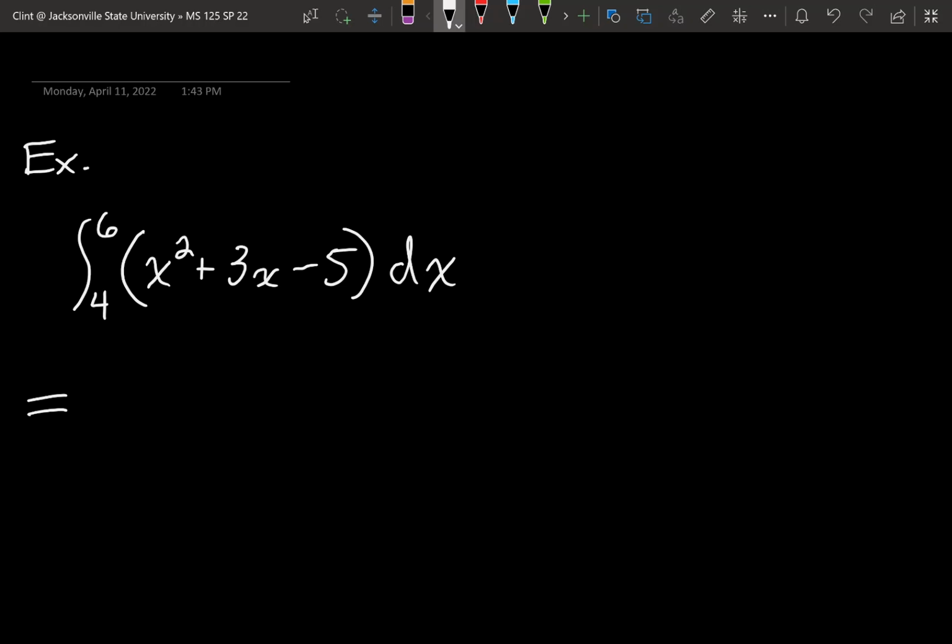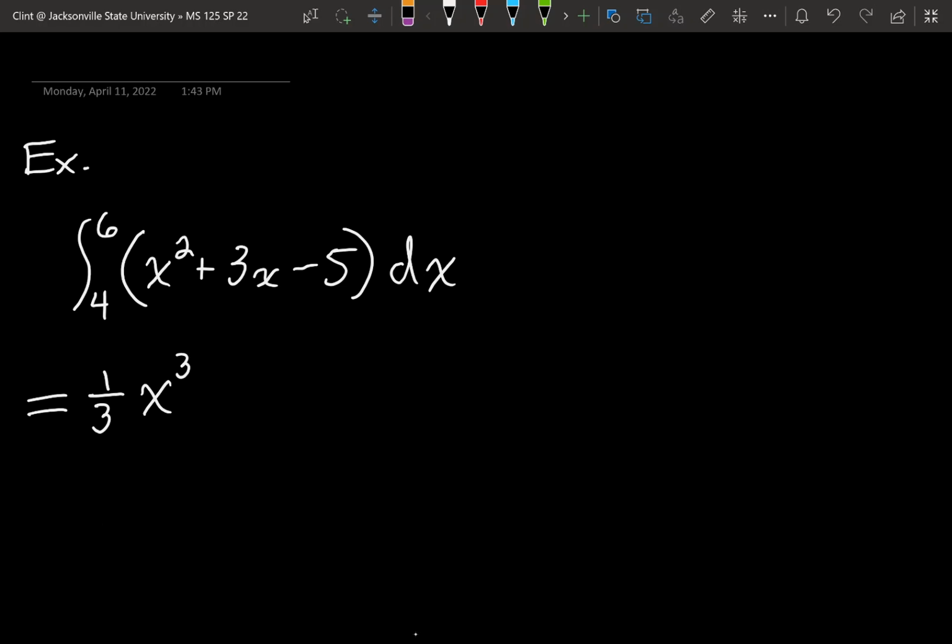It says we add 1 to the exponent and then divide by our new exponent. What was our coefficient in front? It was a 1. So if we divide 1 by 3, we get 1/3. The textbook will often write it like this. They're the same thing. You can write it either way.